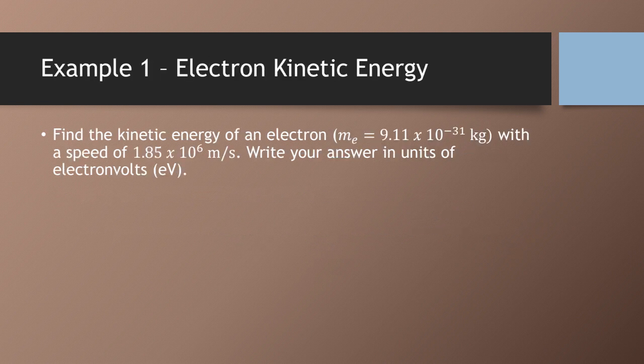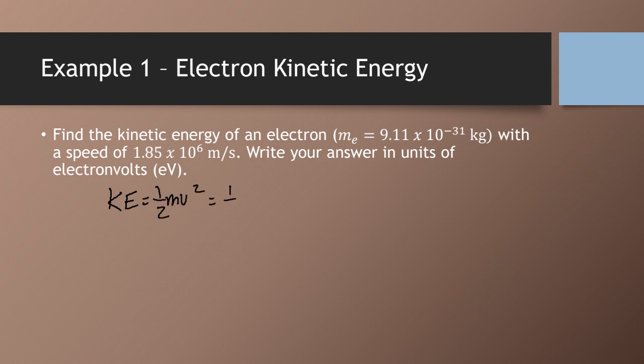So let's take a look at an example here. We want to find the kinetic energy of an electron with a speed of 1.85 times 10 to the 6th meters per second, and we're going to write the answer in electron volts. Just like before, we can find the kinetic energy of an electron using the same formula, 1/2 mv squared.